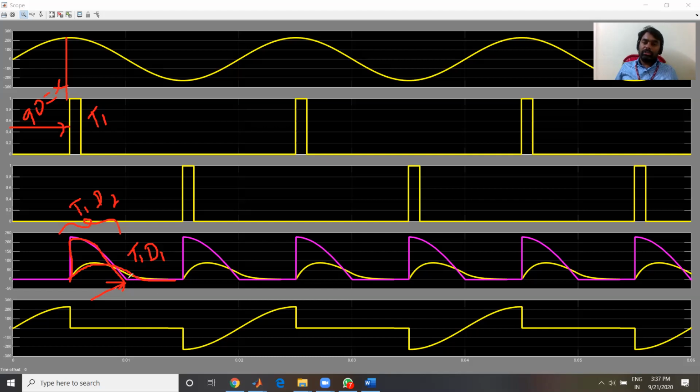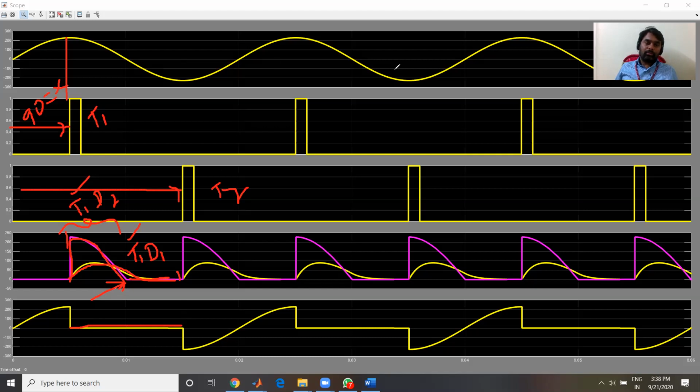So the load is short circuited by these two components. So you'll get zero voltage. So you can see from this point to here, in both the cases, T1 is in conduction state. So the voltage across T1 is around zero, ideally.